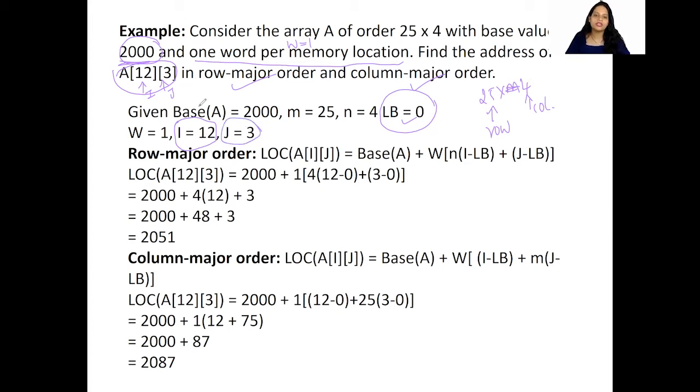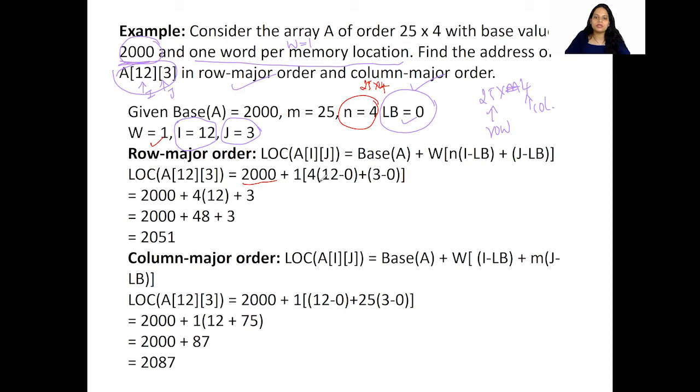Now let us find the location. For the row major order, what is the formula? Location is equal to base plus W times n times (I minus LB) plus (J minus LB). The base value is 2000, W is 1, and n value is 4, since this is an array of 25 into 4 order.